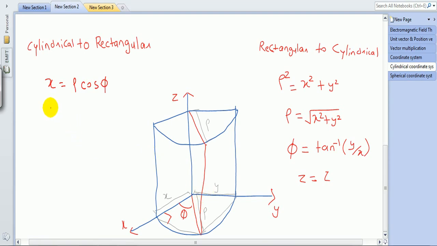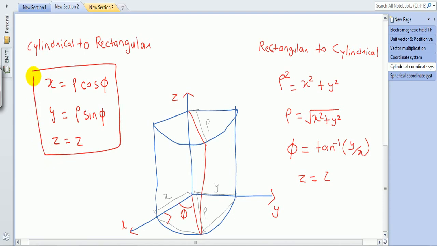So we can write y is equal to rho sin phi, and z equals z. So this is how we can relate cylindrical to rectangular, and this is how we can relate rectangular to cylindrical.